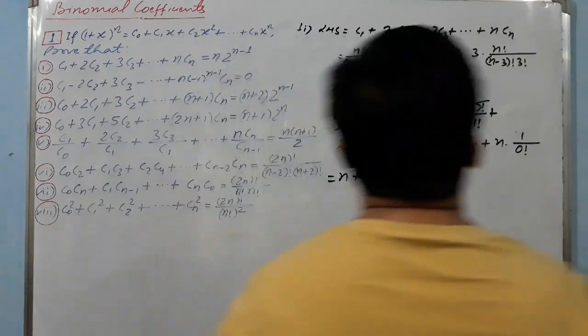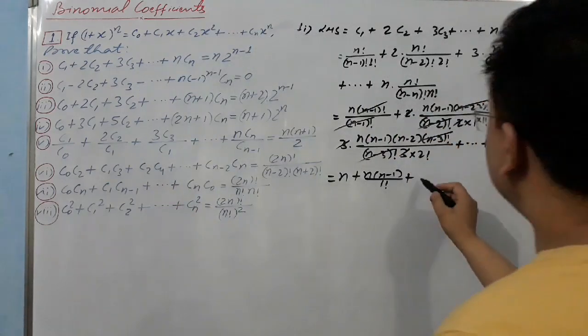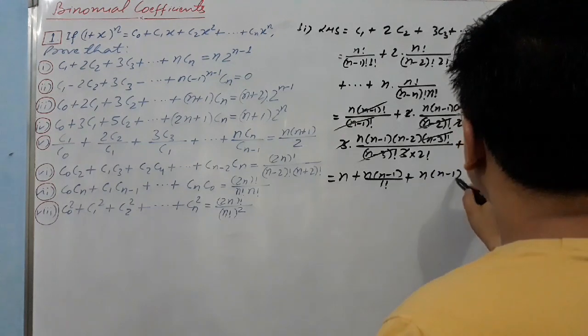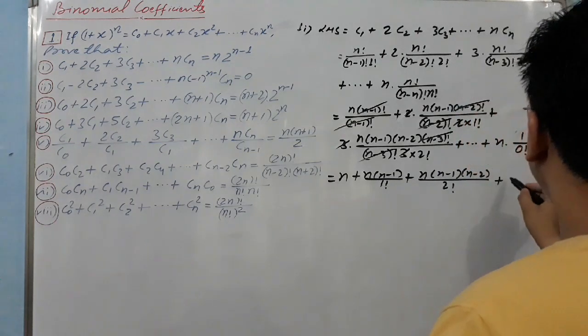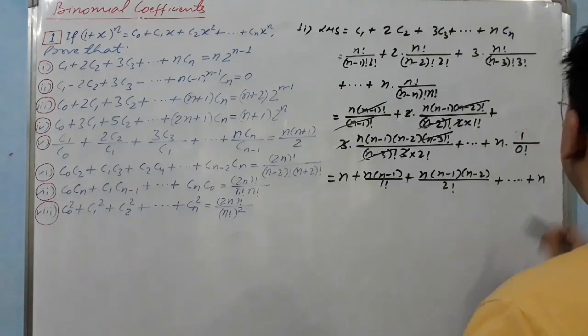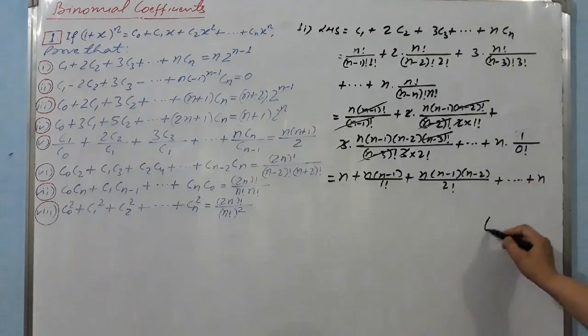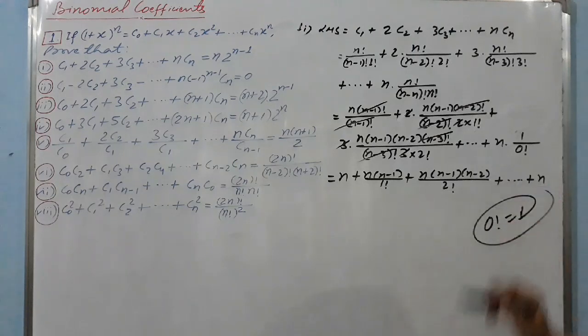These two can be cancelled. You will have n minus 1 times n minus 2 over 2 factorial, plus dot dot plus simply n, because 0 factorial is equal to 1.